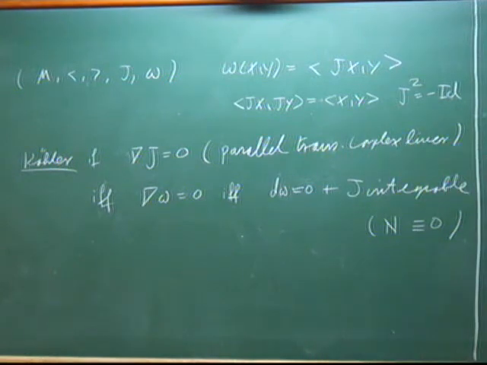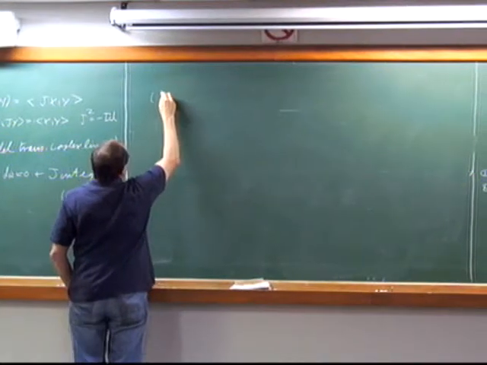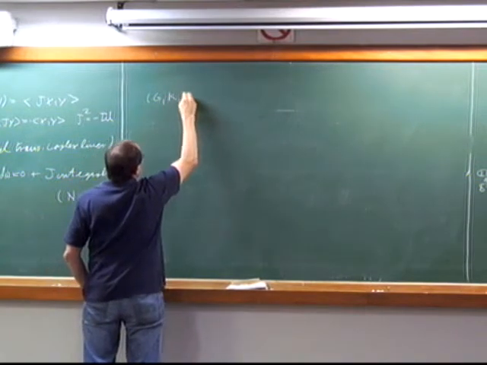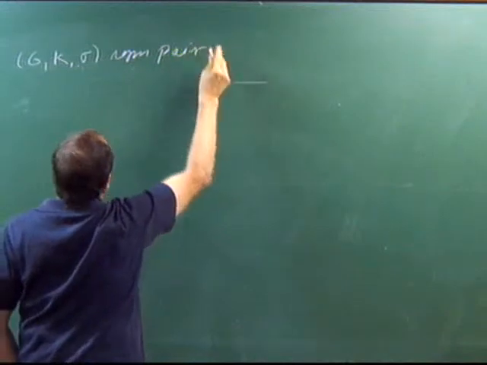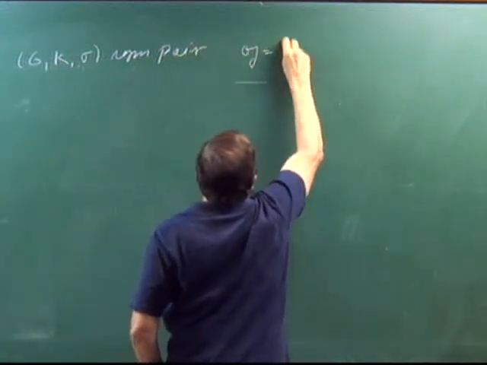The simplest explicit example where everything is computable are again symmetric spaces. So I want to understand a little bit what these symmetric spaces look like that are Kähler in this sense. So we look at again a symmetric pair. We look at a Cartan decomposition.